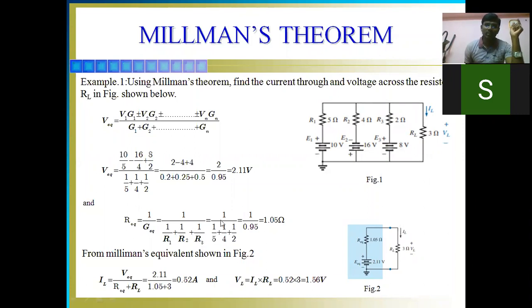With that formula, it is 1 by (1 by 5 plus 1 by 4 plus 1 by 2), which is 1 by 0.95, equal to 1.05. Now you connect the Millman equivalent, where E equivalent is in series with R equivalent.